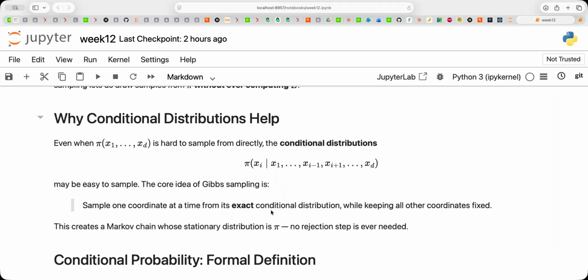So we keep all the other coordinates fixed. This creates a Markov chain whose stationary distribution is pi, and no rejection step is needed. The Metropolis algorithm has a test where you either reject or accept the suggested move.